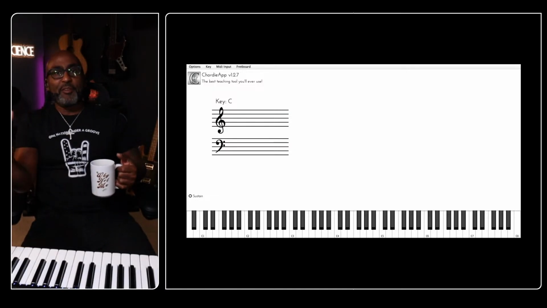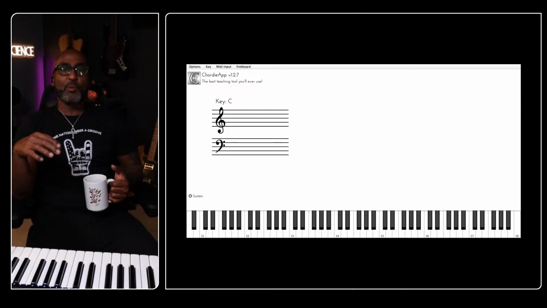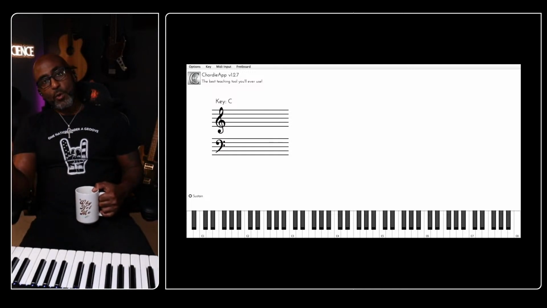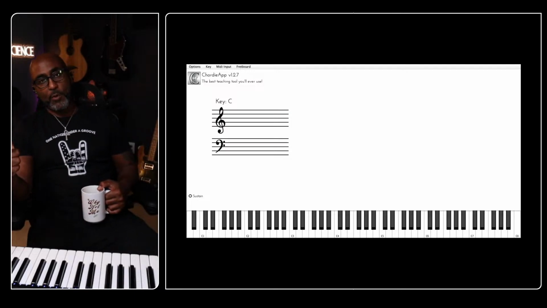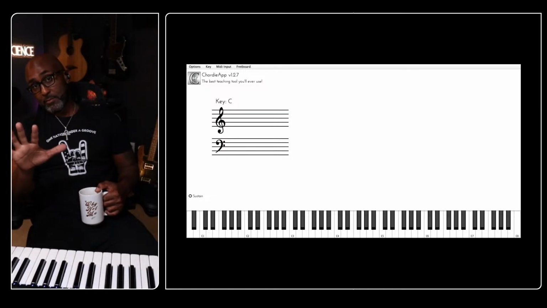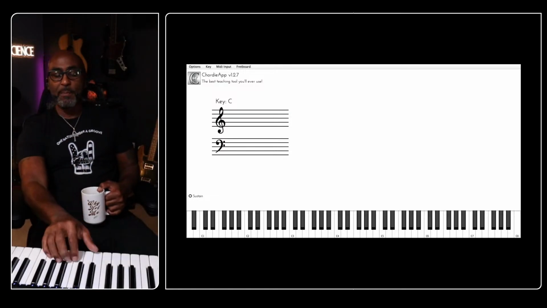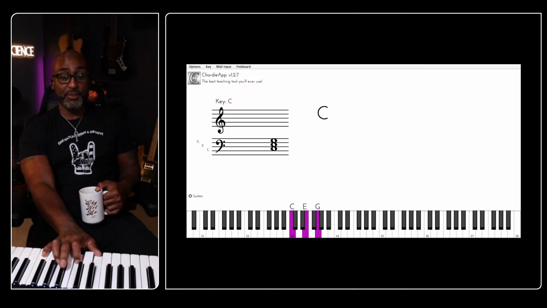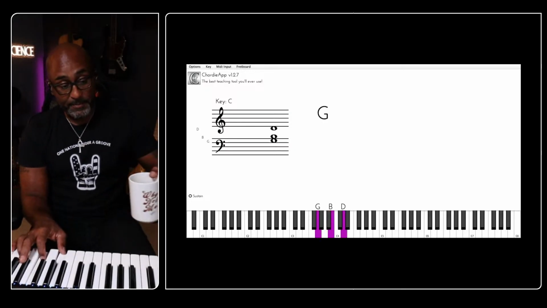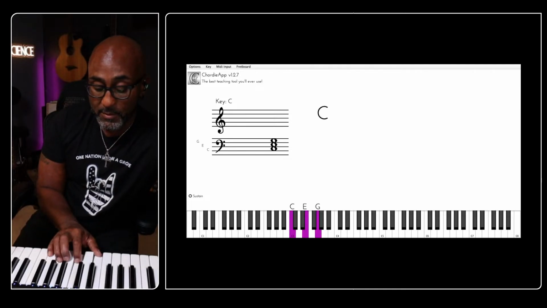We try to eat the elephant all at one time, and we got to eat it one bite at a time, right? So the 1 chord is major, the 4 chord is major, and the 5 chord is major. The triads on the bottom is major, major, major. Okay? Watch this.